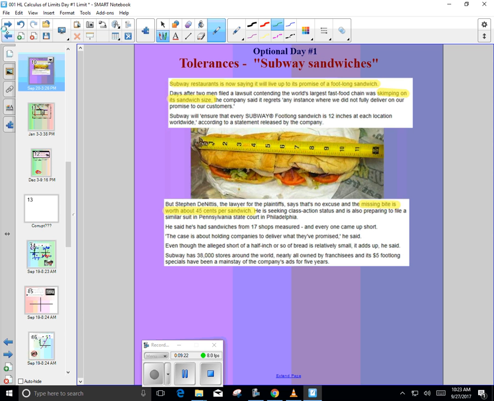He was getting ripped off, so he added that up over the number of times he had Subway sandwiches, and he came up with, I think, $1,200 or something like that. And he sued Subway, and he won. But what happens to bread when you heat it up? It shrinks a little bit. So they weren't being completely unfair, but most of the Subway sandwiches were not larger than 12. They're always shorter than 12, and that was his big gripe.